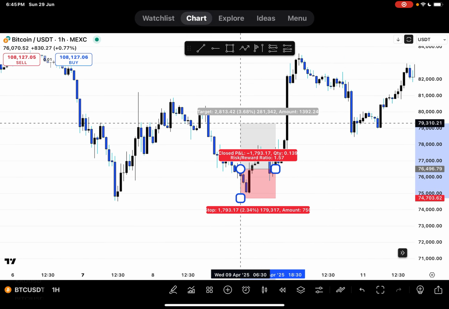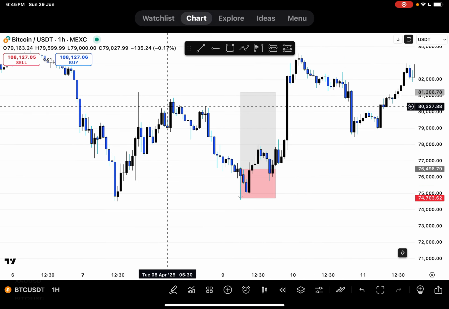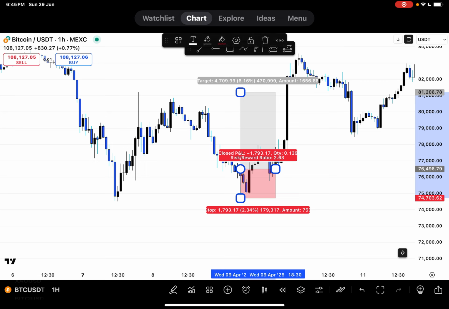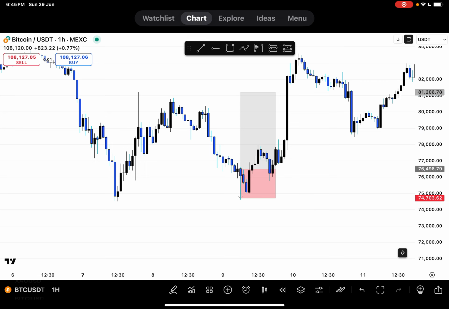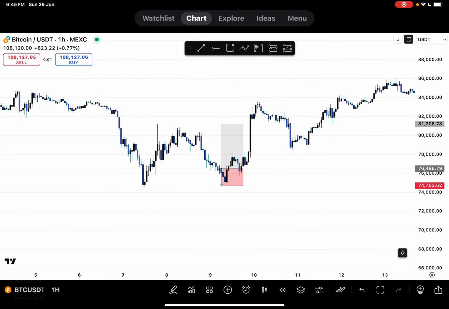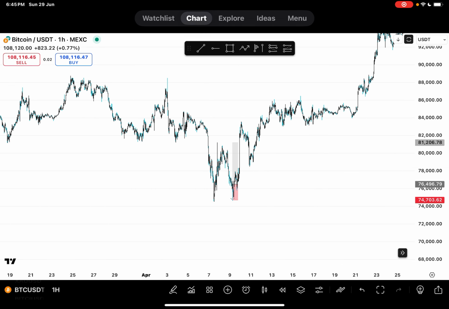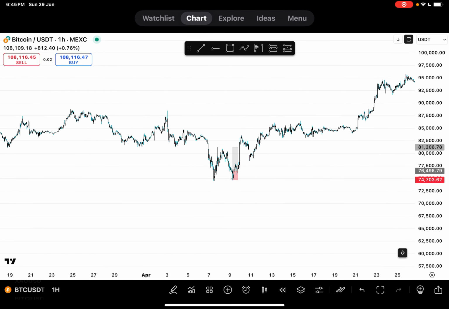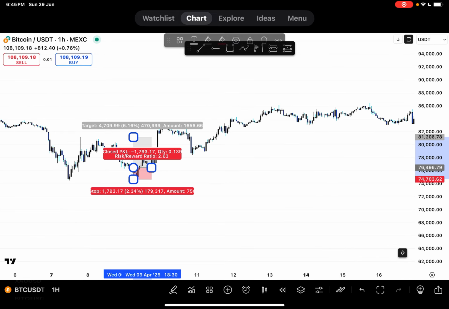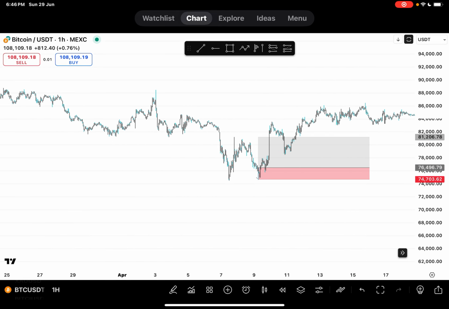Maybe aiming for this high, right? A 1 to 2.5 RR, and then trailing after exiting 90%, and just see how much you would have made in this sort of a trade.